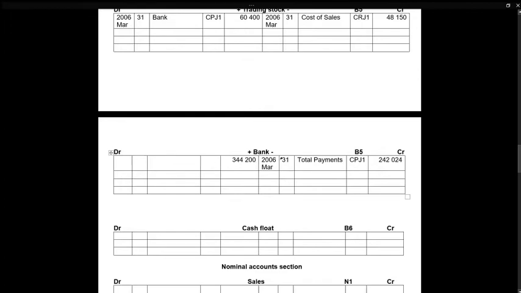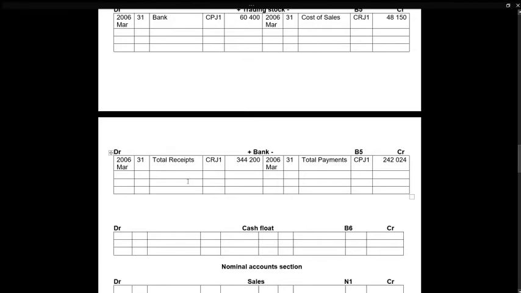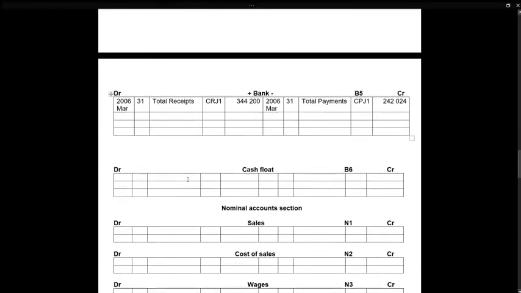Where did I get this information? Cash received journal number 1. Details will be total receipts. This took place on the 31st, last of the month, because it's a total of a column. Right, so we are done with bank for now.